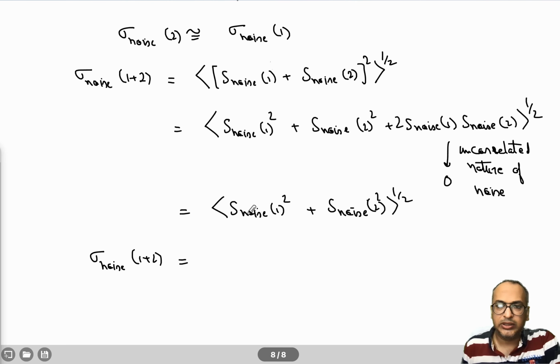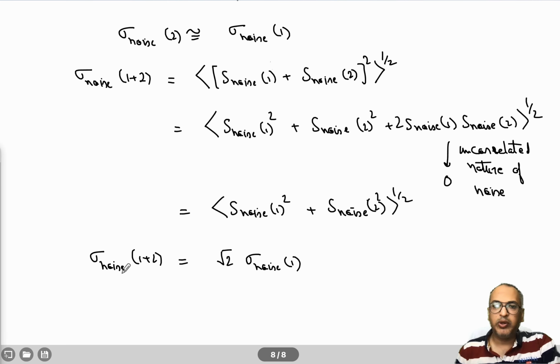Since sigma noise 1 is equal to sigma noise 2, and then there is a square root, you can say it is square root 2 times sigma noise 1, right? That is easy to see. So that means if you add, the noise does not get summed up as the signal does. It only increases by square root 2 times if you add the results of two experiments.